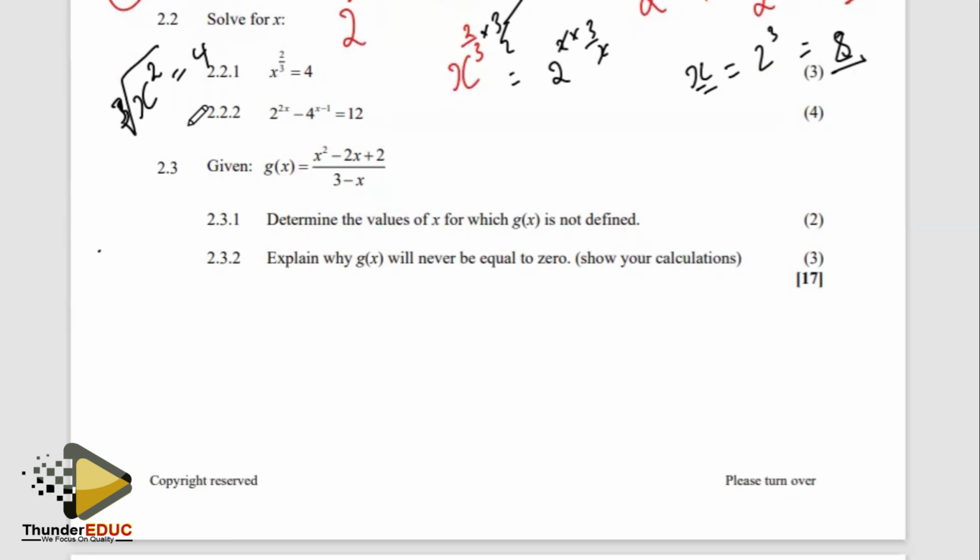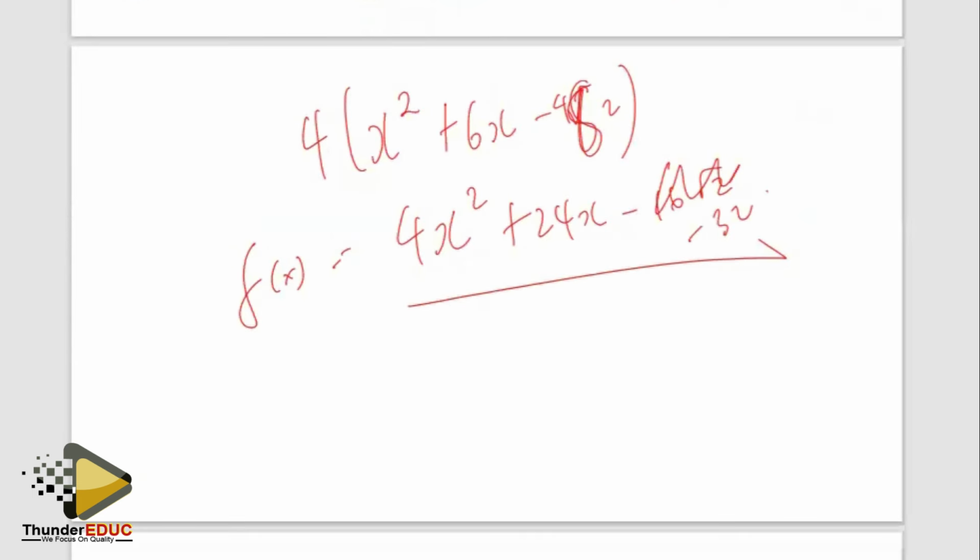All right, then 2.2.2, we have this 2 to the 2x minus 4 to the x minus 1 is equal to 12. So let's create the same base, especially for this 4. So that's going to be 2 to the 2x.